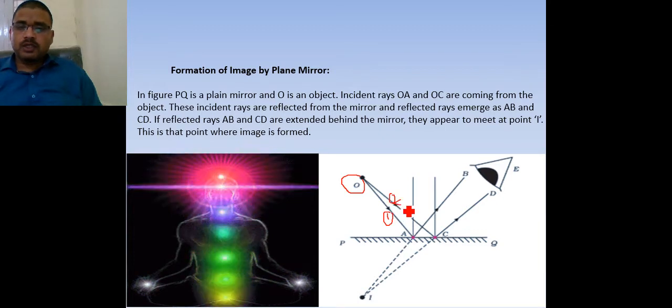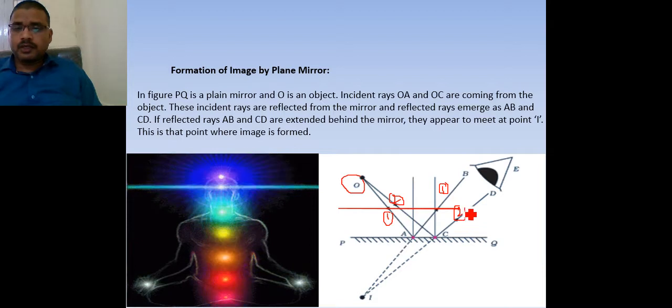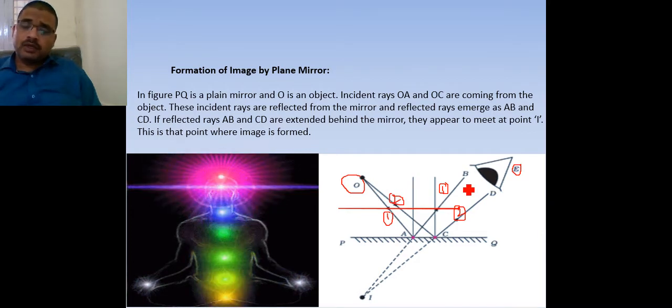When these rays strike the surface of the mirror, the first reflection is made by the first incident ray, and the second reflection is made by the second ray. These are the two incident and reflected rays. If there is a person whose eye is observing, by this reflection we can observe the image.